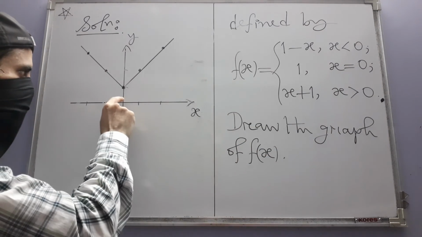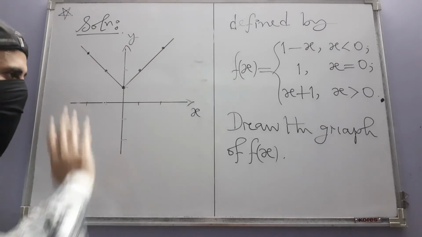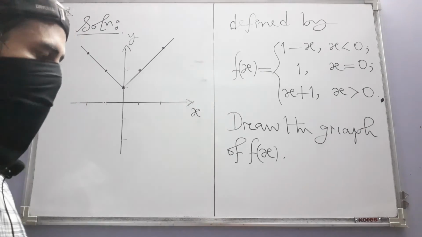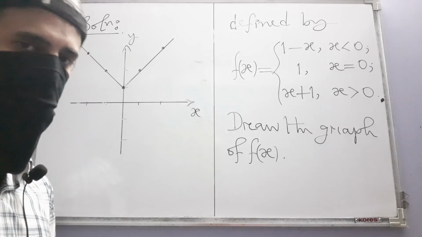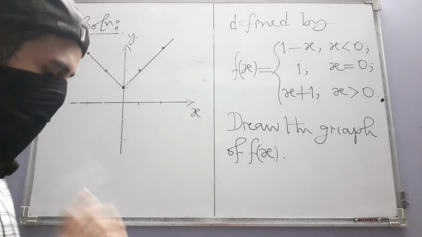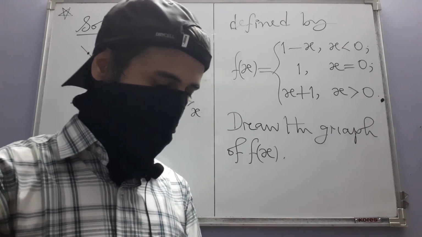Along with these 2 things, at 0 the value is 1. And that is why the graph looks like this. You will have to write that. Either you do that or you plot many points and then just say that yes, that's why the graph is like this. So these are the miscellaneous examples.